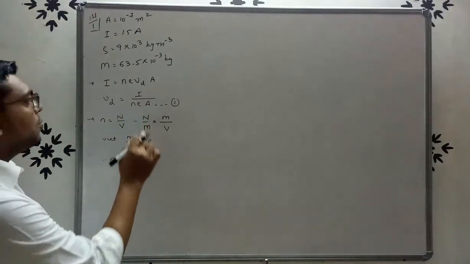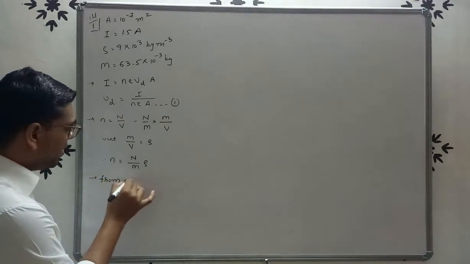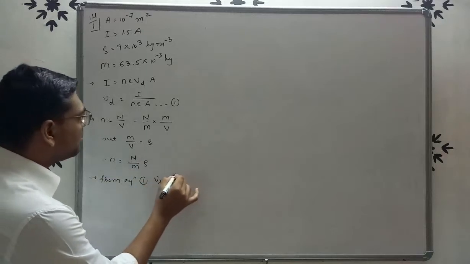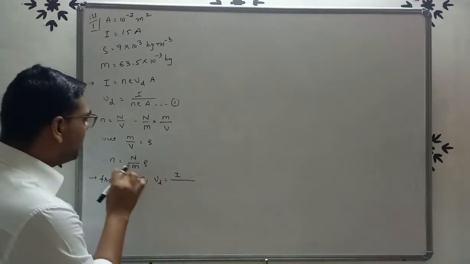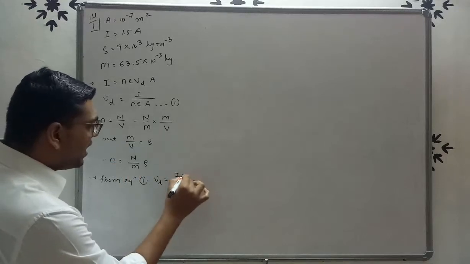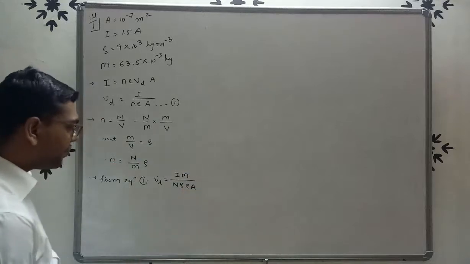So here we put the value of n in equation 1. From equation 1 we get vd is equal to I upon n, that is N rho divided by m, into eA.